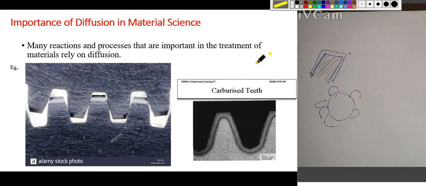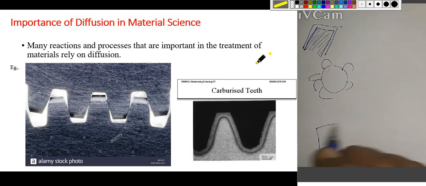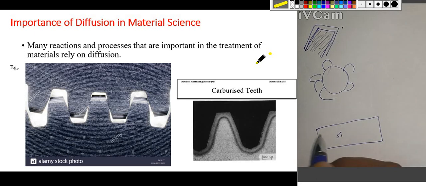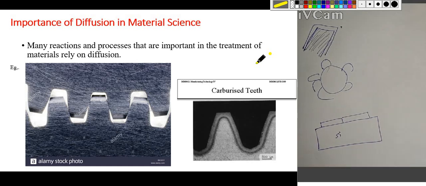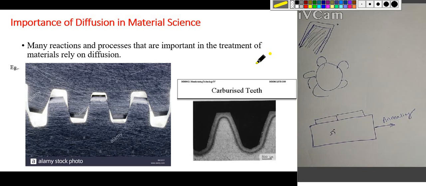Another one is the PN junction diode. In the case of a PN junction diode, this is the silicon substrate. Here we deposit some N-type material and some P-type material. After the annealing process, that is a heat treatment process, we get a PN junction diode.